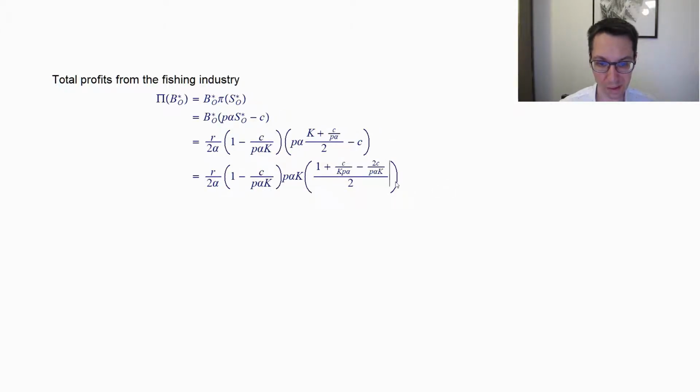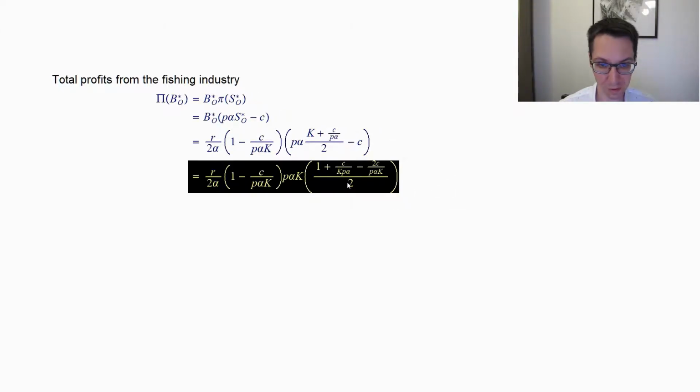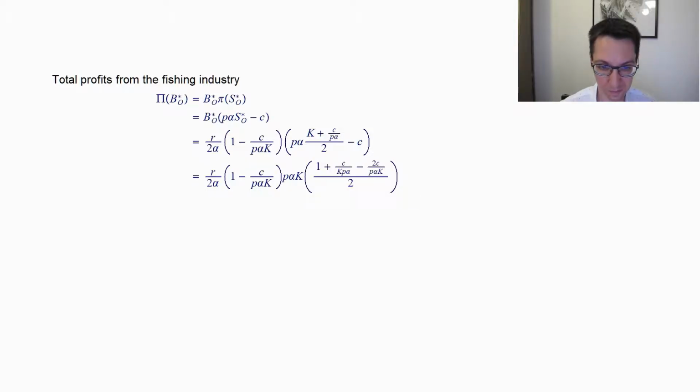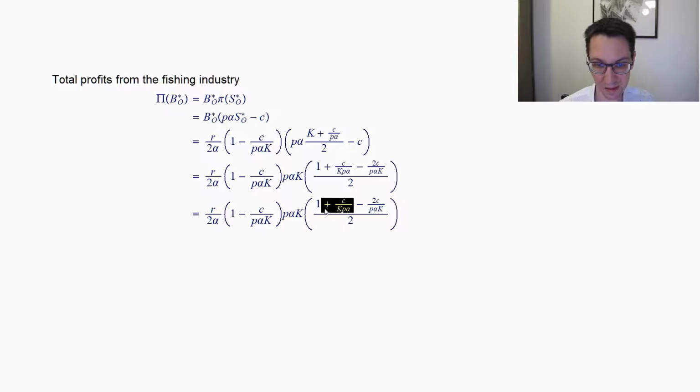So what do I get? Well, let's just have another line. C divided by K P alpha minus 2C divided by P K alpha gives me minus C divided by P K alpha. And so the 1/2, let's multiply it at the beginning. So I get 1/4.